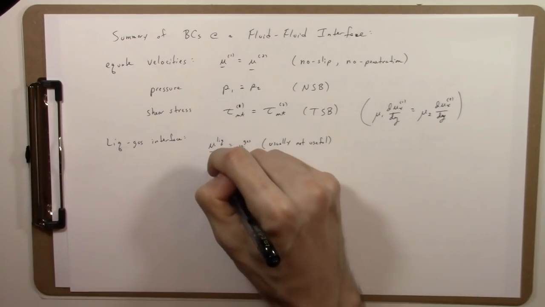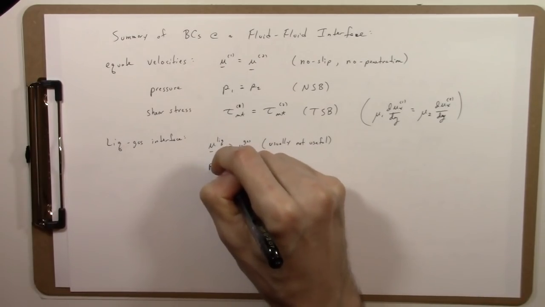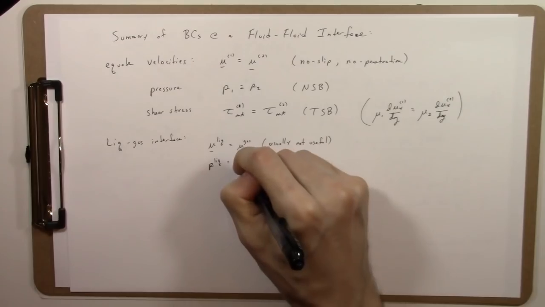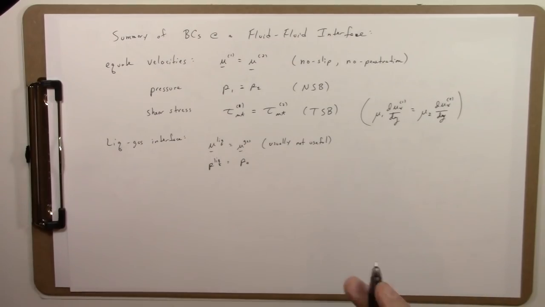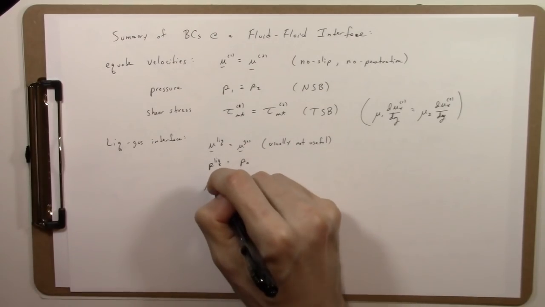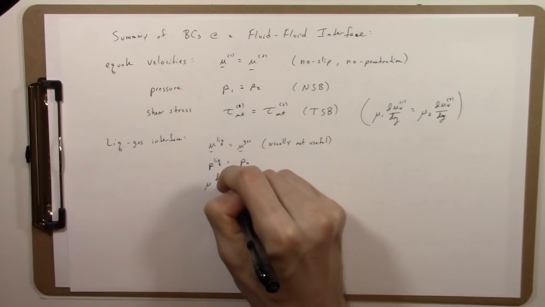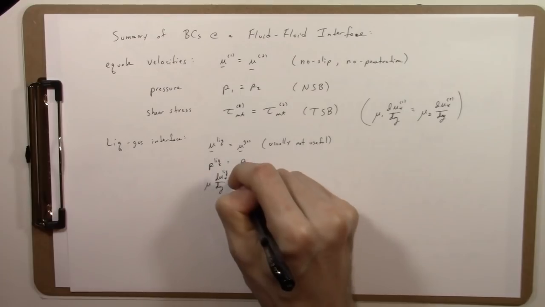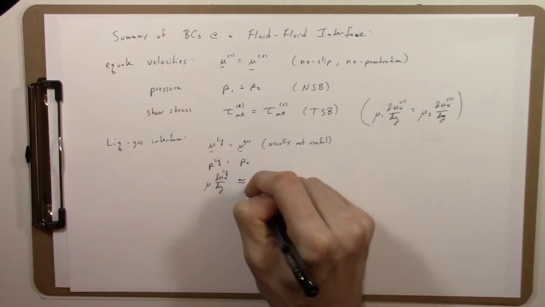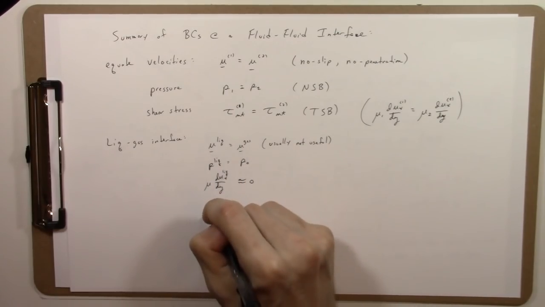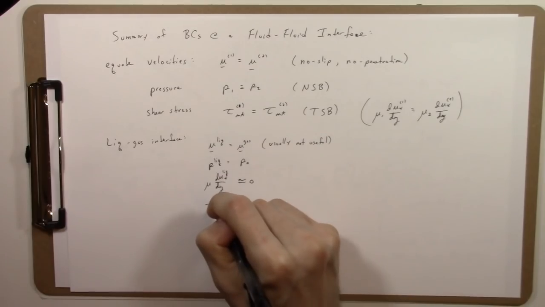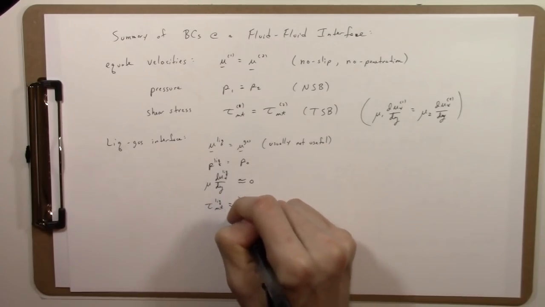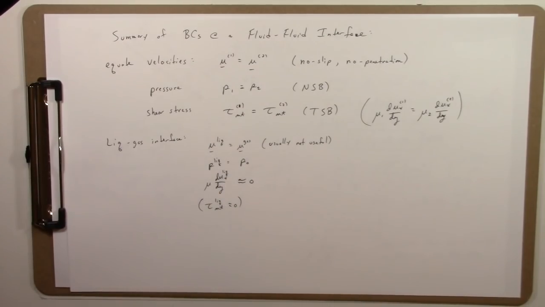What's more important is we find that pressure in the liquid is equal to the pressure in the gas, which would be P naught, and we find that the shear stress, mu dux dy in the liquid, is roughly equal to 0. And those are the key results to know.